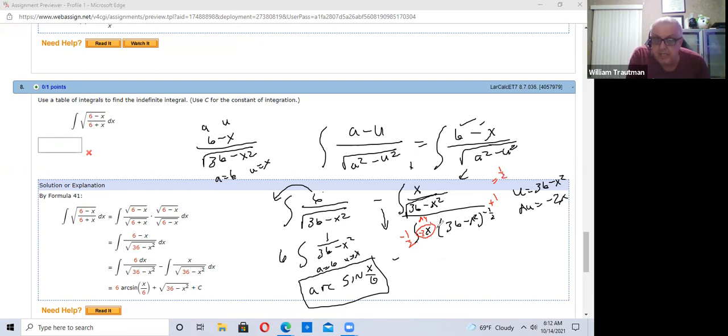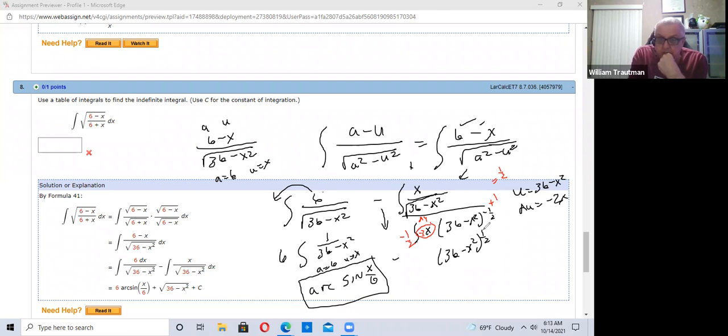So when you integrate that, you're left with 36 minus x squared to a positive 1/2.